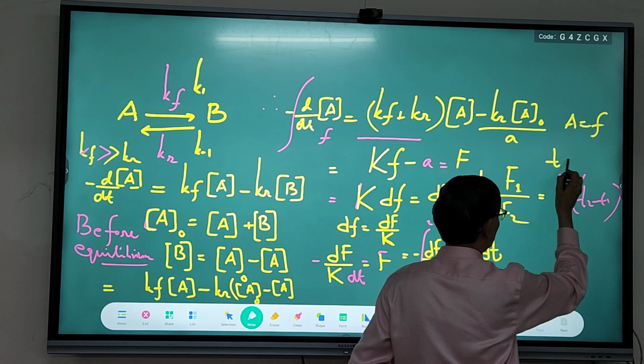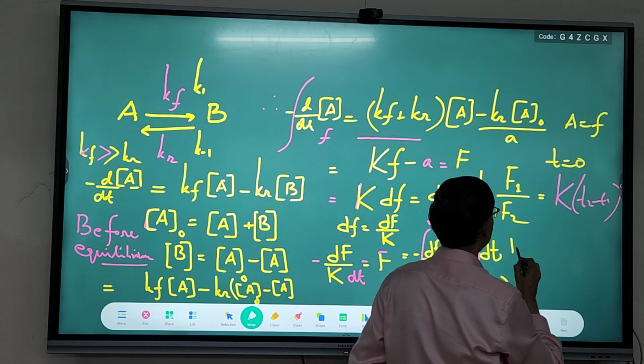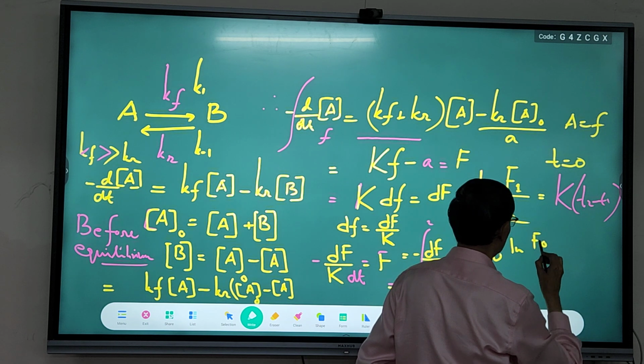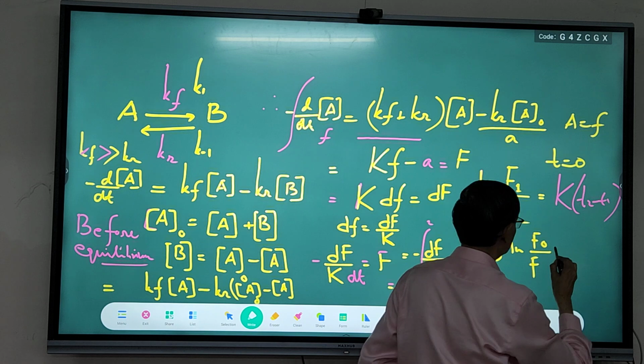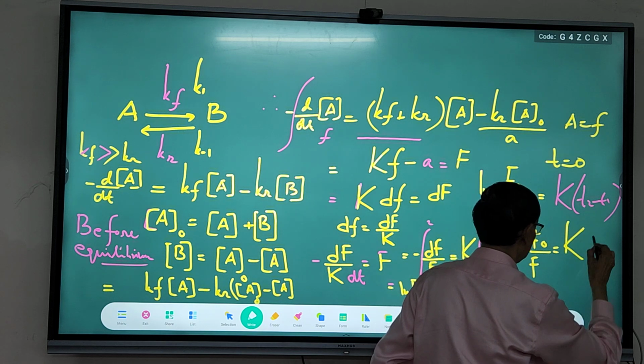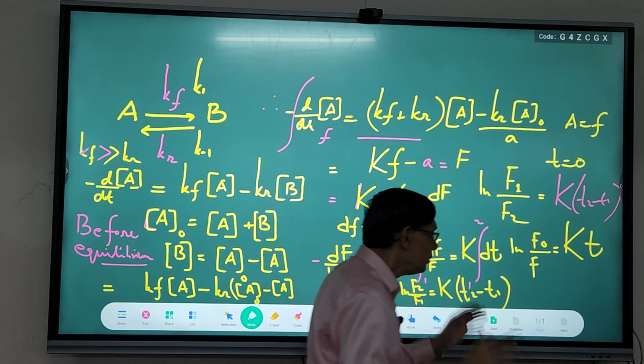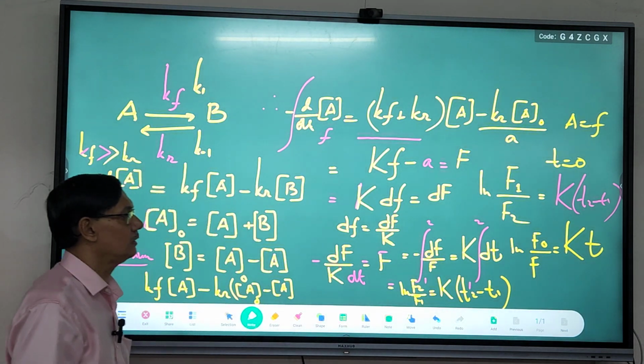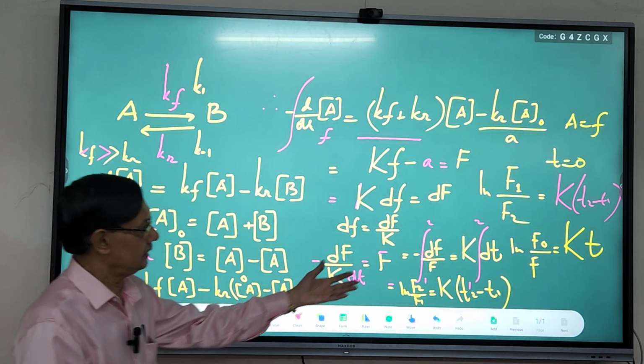If t is equal to 0, that is the starting point. So we can write natural log of F0 divided by F is equal to K and T. If you remember your school days or college days, you will get the things.